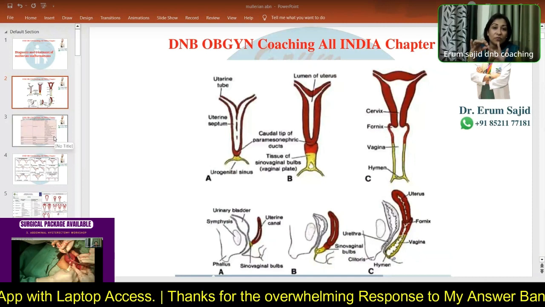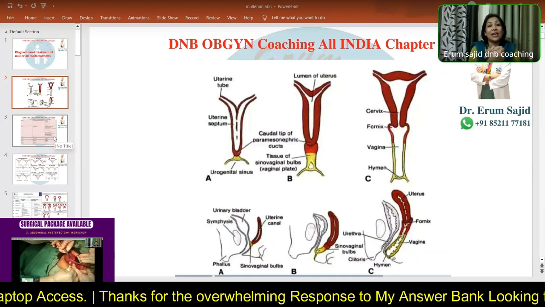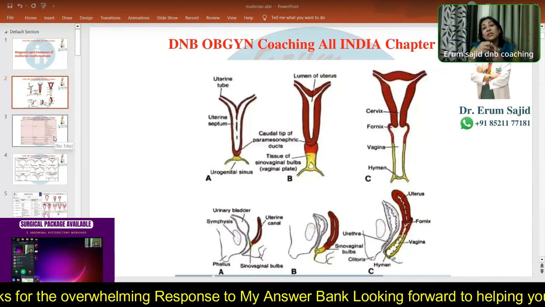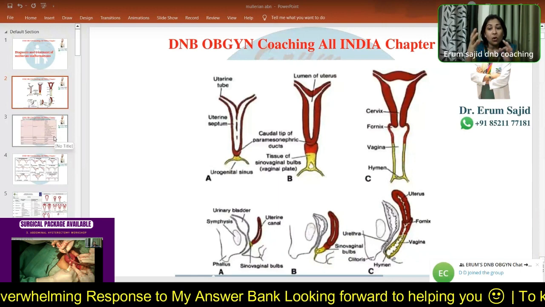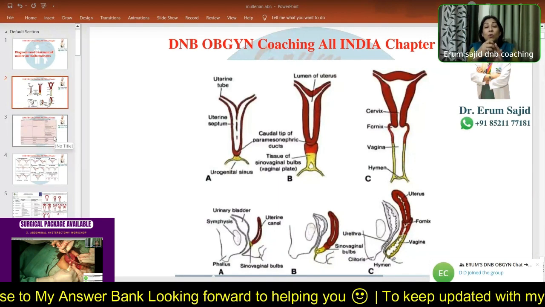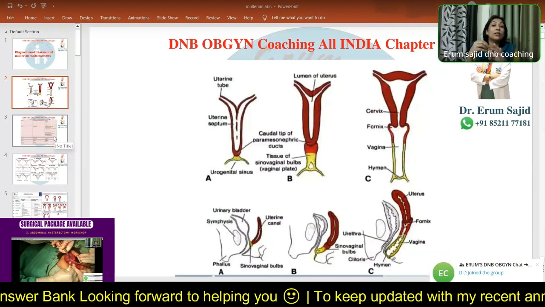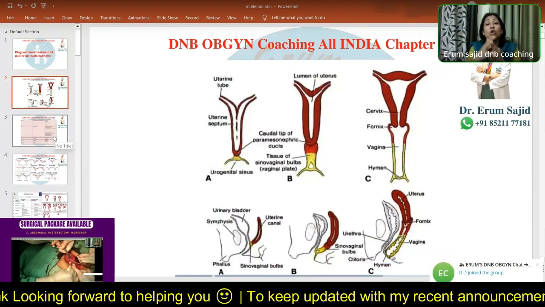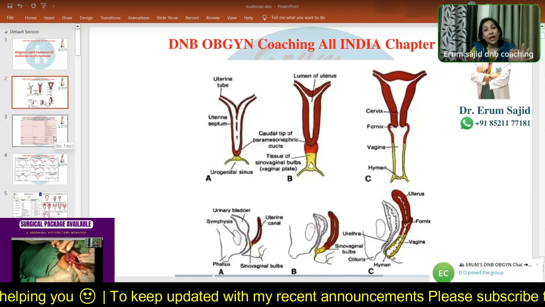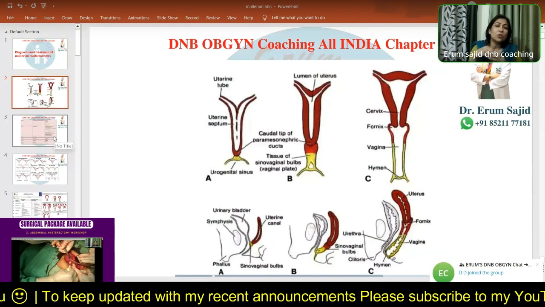The only reason so many other classifications came was because this American Fertility Society, AFS, was not concentrating on all the different modalities of what can go wrong in the fusion of the Mullerian ducts. All these things were not included in that, which is the reason why it was criticized to a great extent.